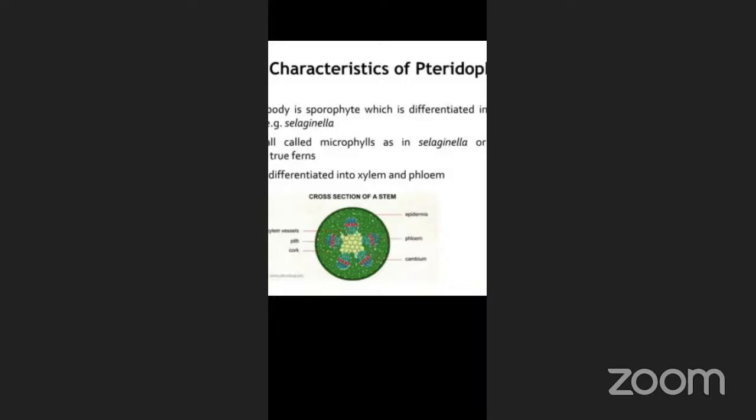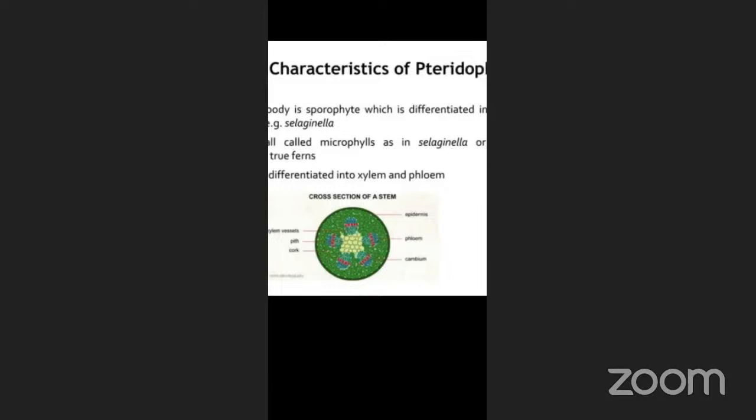And another term is heterosporous. Heterosporous means two types of spores are present: some are small in size, some are large in size. The small spores we call microspores, which act as male spores.